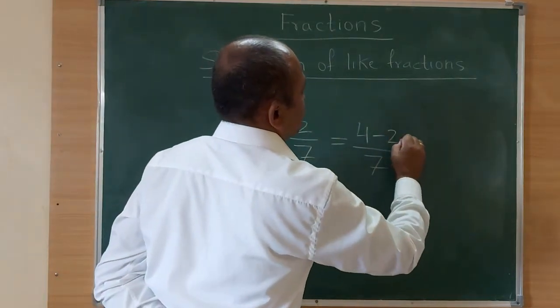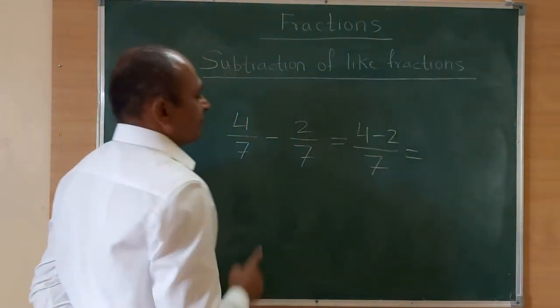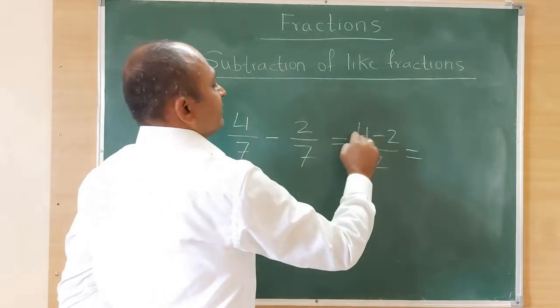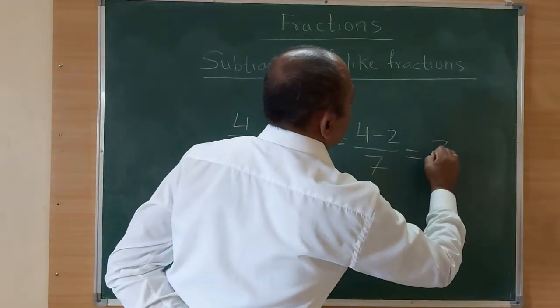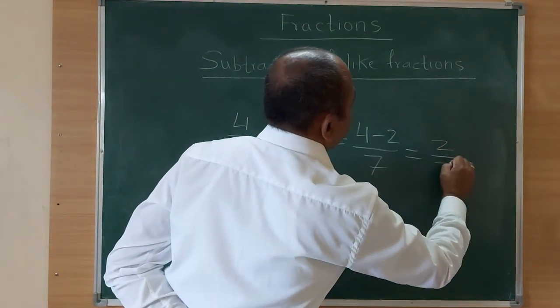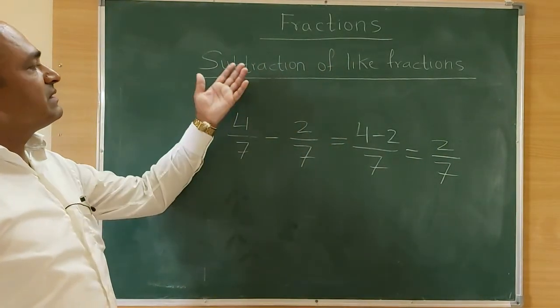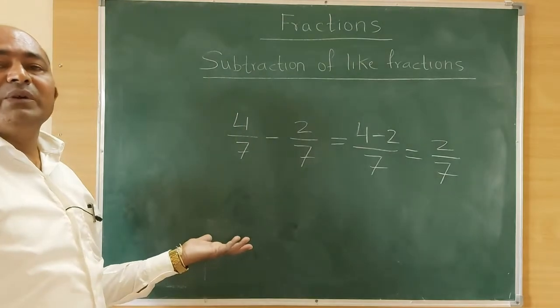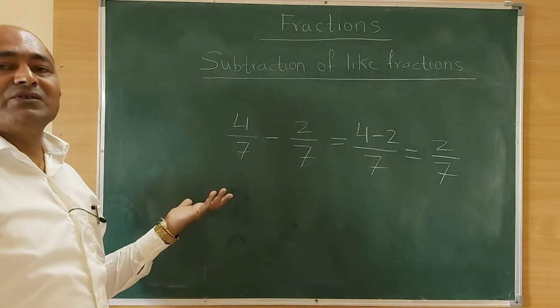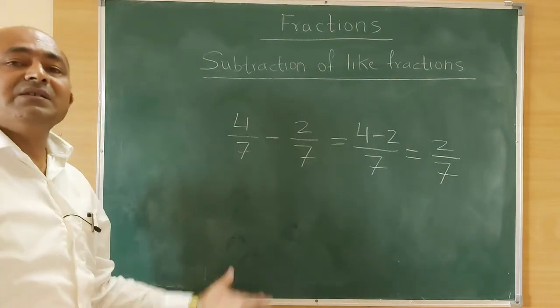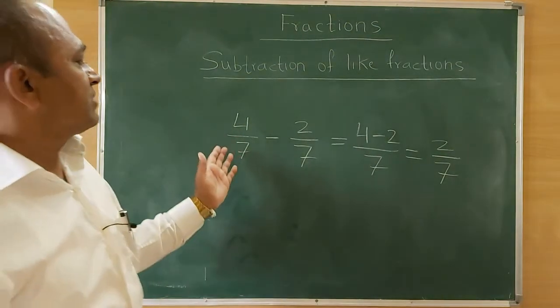4 minus 2. We will find the difference here, and 4 minus 2 is 2. So 2 upon 7. The only difference is that instead of addition we are doing subtraction here. The rest of the things are the same in addition of like fractions and subtraction of like fractions.